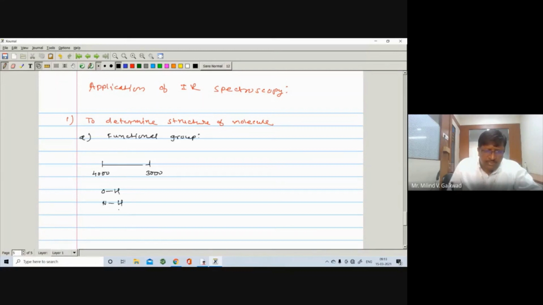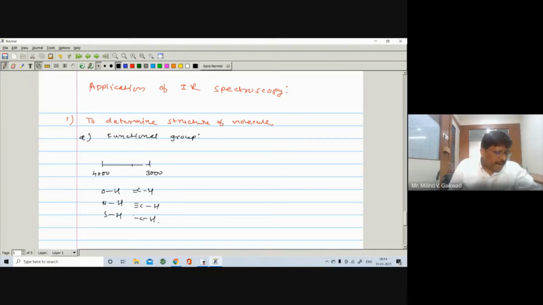If there is nitrogen, there is the presence of NH or SH. Or if there is a pi bond, then you can say there is a CH stretching of a double bond, a triple bond, or maybe of a benzene nucleus, right?